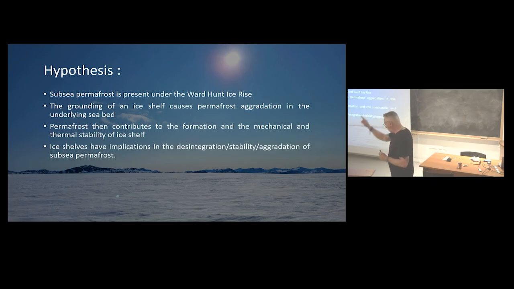So what goes through the ice column is in contact with a mean annual air temperature of minus 18. Then when it reaches the bottom, you have the thermal conditions to form aggrading ice in the seabed. And in turn, this subsea permafrost contributes to the mechanical stability of ice shelves.